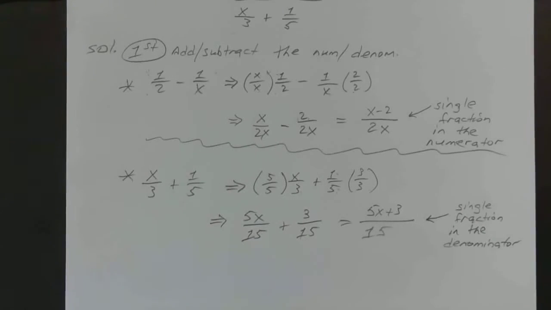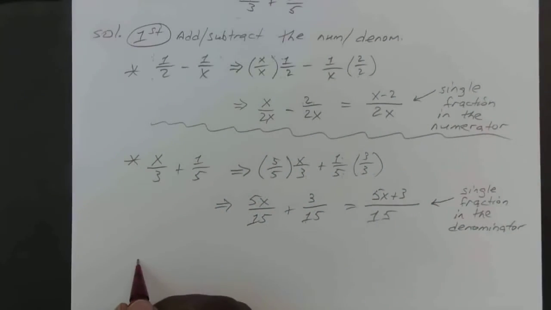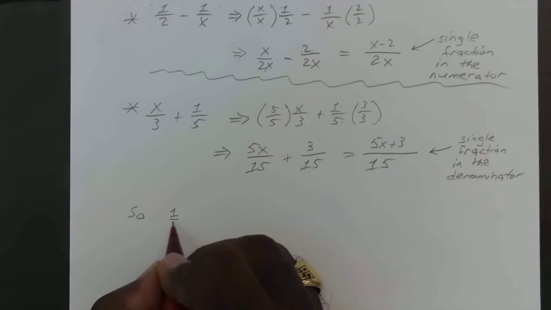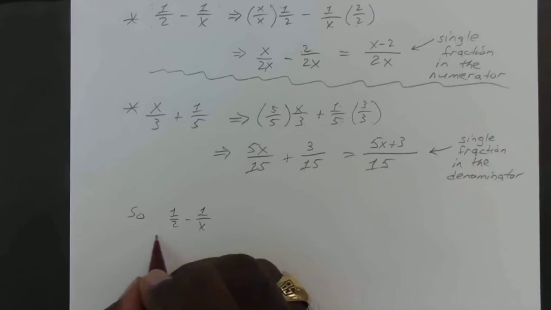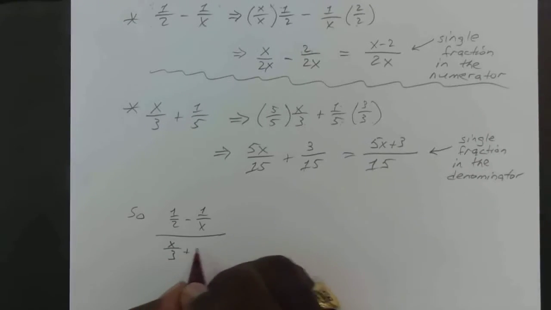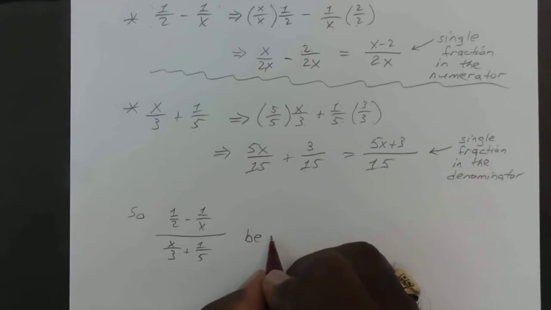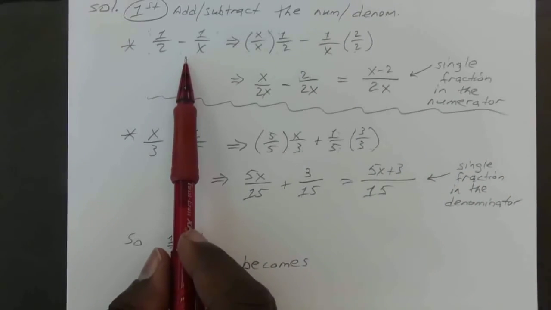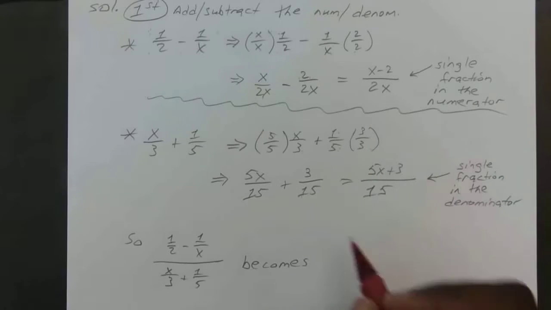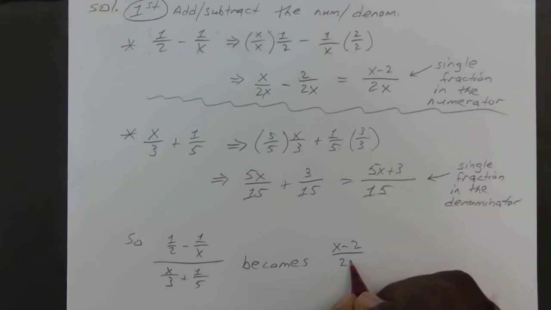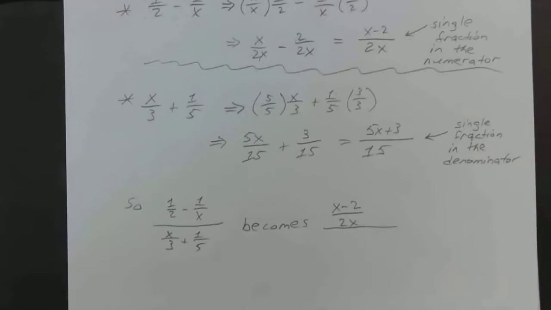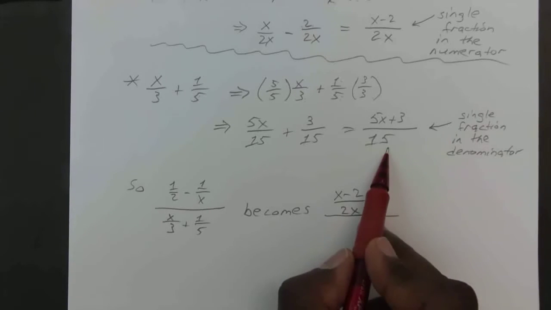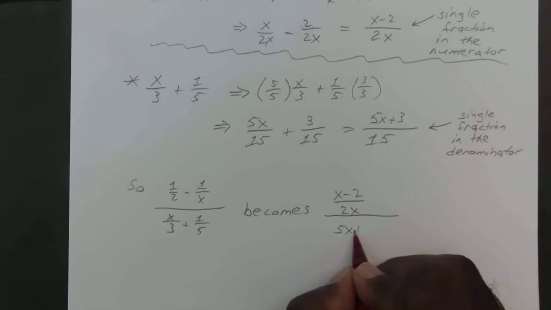Okay, so now that we did both of them, we just rewrite. So, we'll move that up a little bit. 1/2 minus 1 over x over x to the third plus 1/5 becomes our 1/2 minus 1 over x becomes x minus 2 over 2x, divided by our x plus 3 plus 1 over 5 becomes 5x plus 3 over 15.